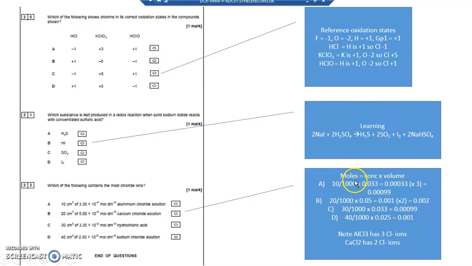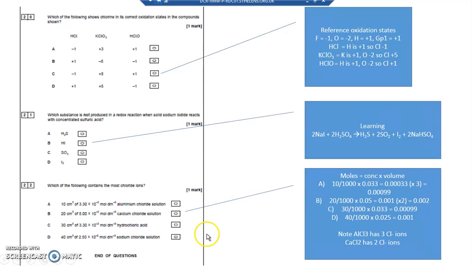So the number of moles is the concentration that we've got here, 3.3 times 10 to the -2, or 0.033. You've got to divide the 10 centimeter cubed by 1000 to get it into decimeter cubed, multiply the two together and I get 0.00033. I'll come to the multiply by 3 in a minute.